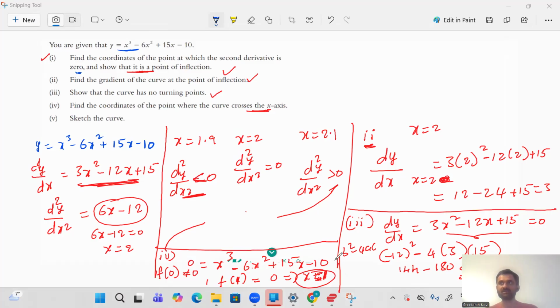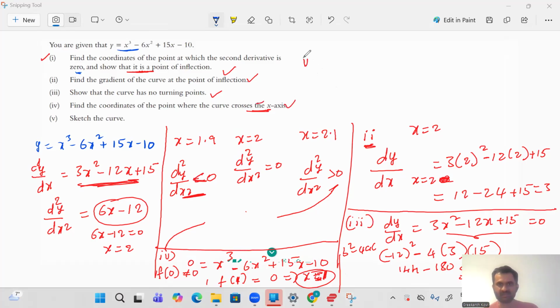If it cannot turn, that is the only place it can cross the x-axis. Unless it turns somewhere, it cannot come and cross the x-axis. So x equal to 1 is the only place it crosses the x-axis. And this is also done.